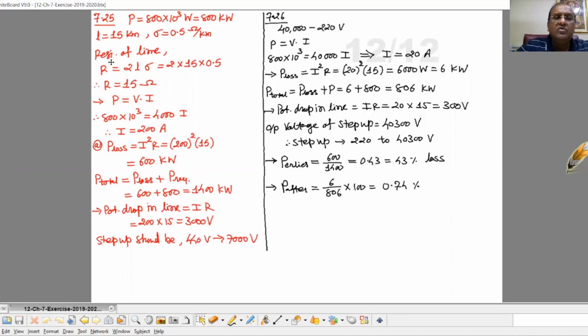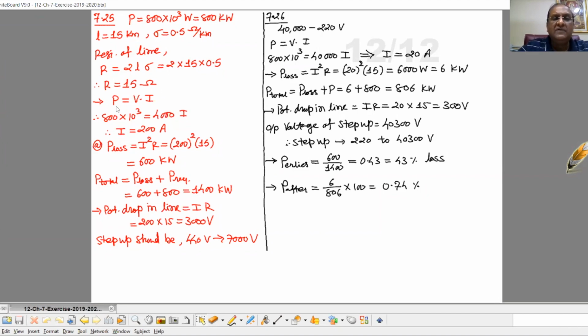Therefore total resistance, now this one is a 2 cable line, so R is twice the length of cable into sigma, so 2 into 15 into 0.5. So the resistance of the cable through which the electricity is transferred, that is 15 ohm.